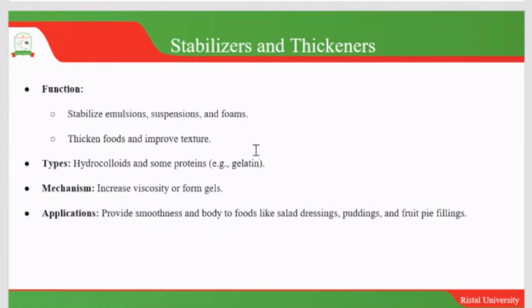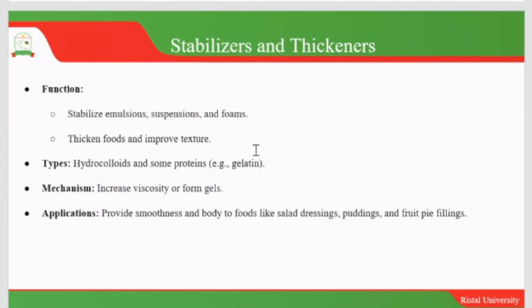We have the hydrocolloids and also some proteins such as gelatin, where we are looking at the gums and jellies, etc. These increase the viscosity or form the gels that we look at. And these are applied to provide smoothness and also body to the food, such as salad dressings, puddings, and also fruit pie fillings.